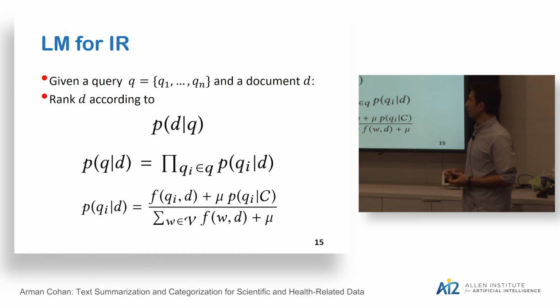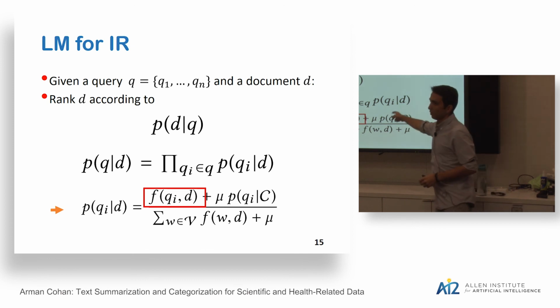Then the documents are ranked according to this conditional probability, which boils down to the probability of query terms happening in a document. And this directly relates to the frequency of words in the document. People usually use some sort of smoothing. Here I'm showing Dirichlet smoothing, for example, to solve the cases where this probability is 0.